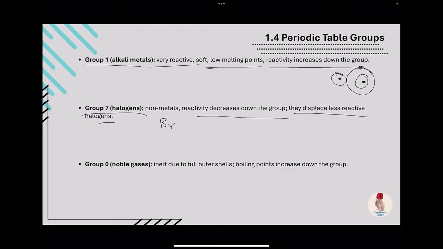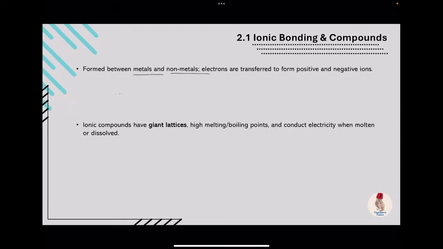Bromine, for example, and you have astatine, sodium bromide, and you have sodium astatine. Sodium is a metal and you have chloride. Na, sodium, will lose an electron to form Na+.